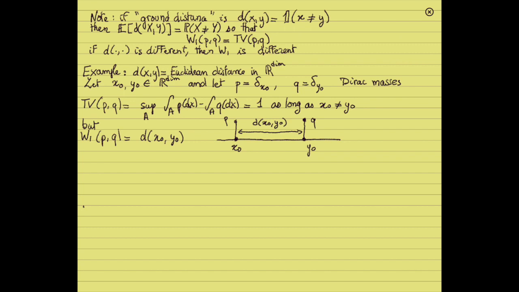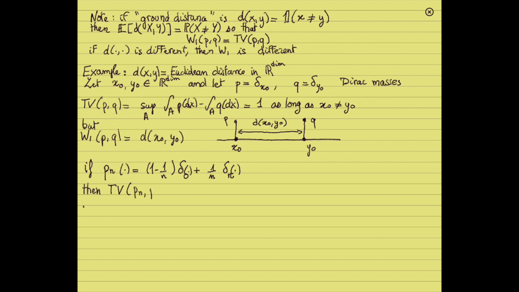So on the other hand, there are also sequences that converge in total variation, but not in the Wasserstein distance. For that, let's introduce Pn, a distribution that puts mass 1 minus 1 over n on 0, and mass 1 over n on n.